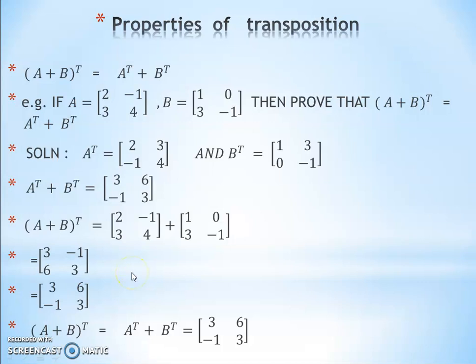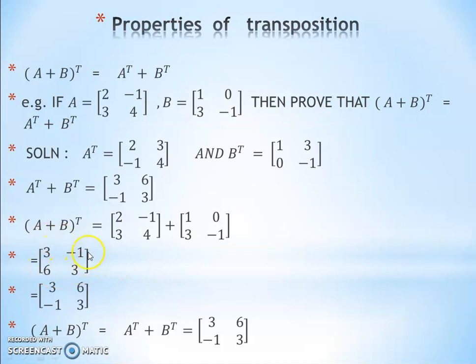Now we have to take (A plus B) transpose. For this purpose, first we take the addition of the given two matrices, that is A plus B: 2 plus 1, 3; minus 1 plus 0, minus 1; 3 plus 3, 6; 4 minus 1, 3.